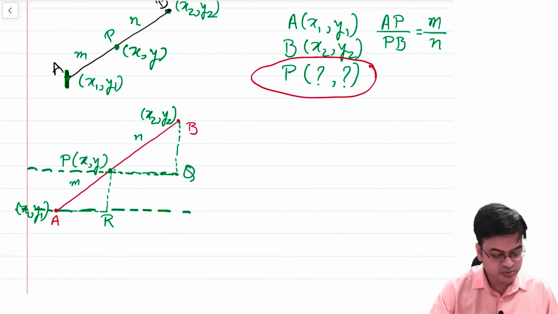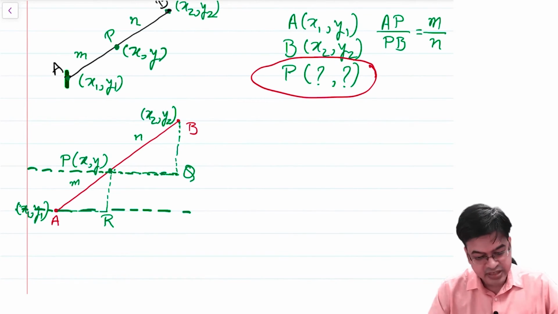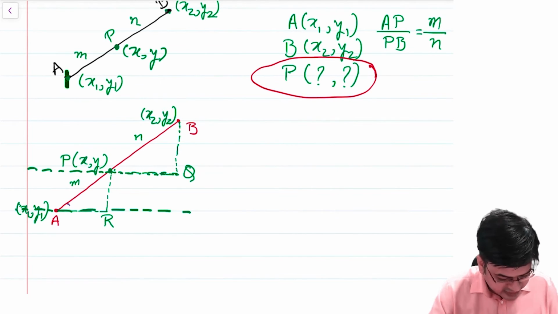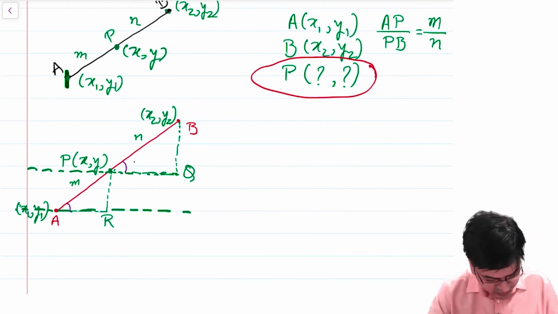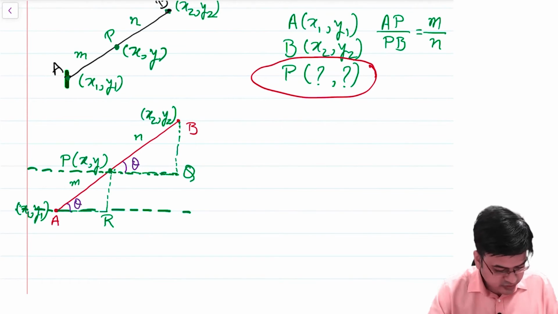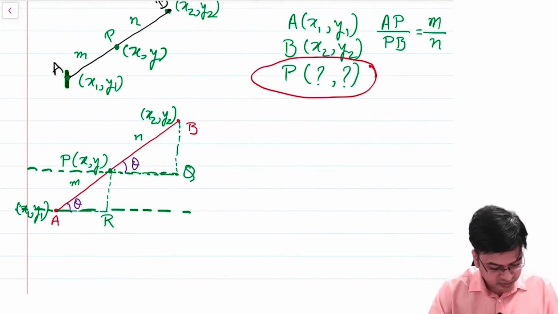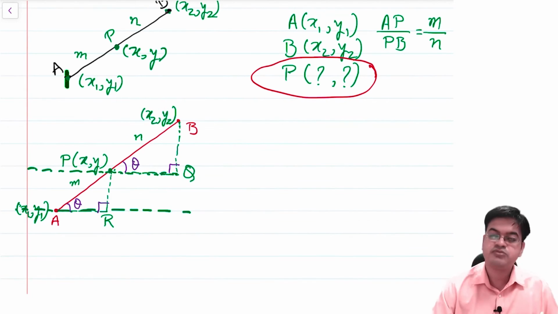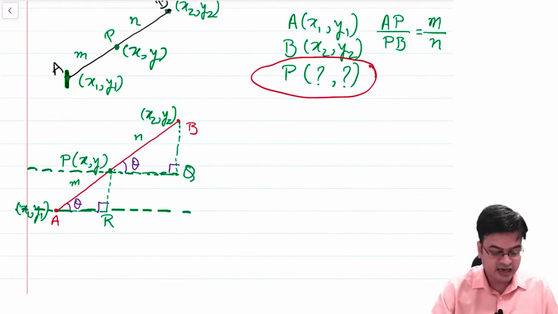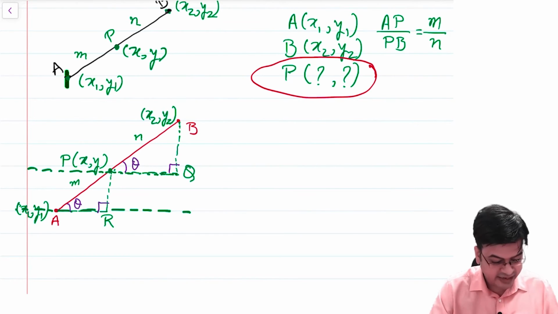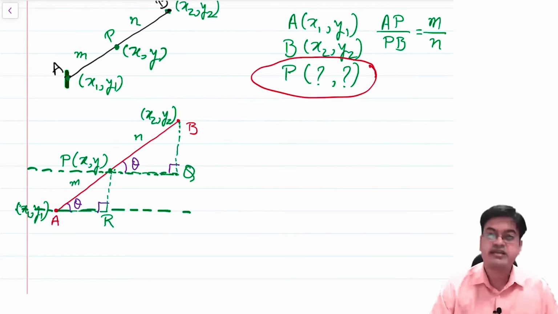Then immediately I can draw your attention to the fact that these angles are same. Now you look at this angle, which is a right angle. Therefore this angle also must be same. That is, angle R and angle Q are both 90 degrees. Angle A and angle P both are theta.